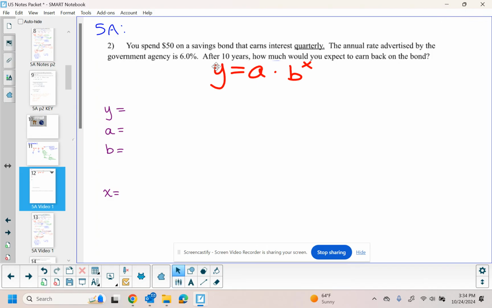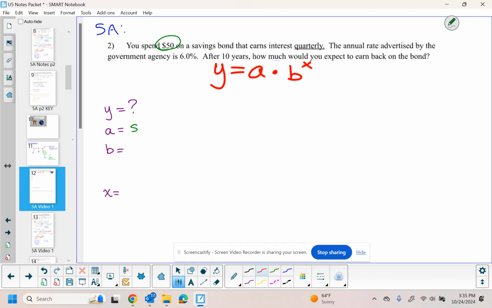I need to know what is Y, what is A, what is B, what is X. However, I definitely will not know one of them because I'll have to solve for one of them. If it says how much would you earn back after 10 years, that is the piece I don't know. I start with $50.